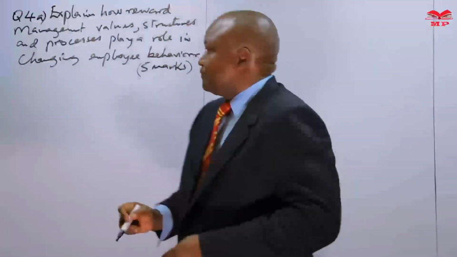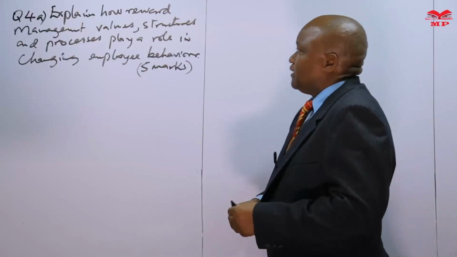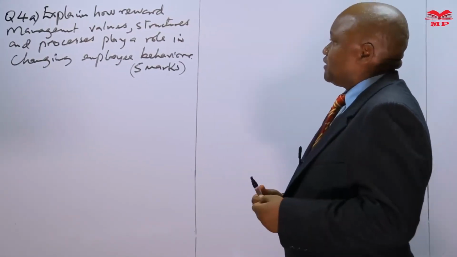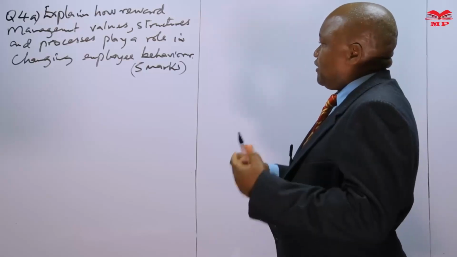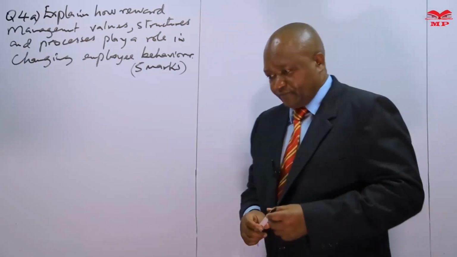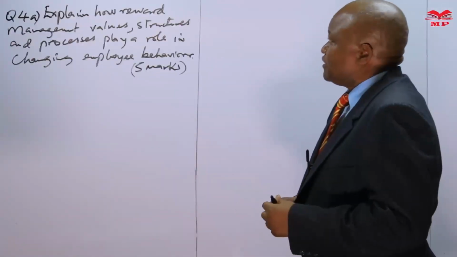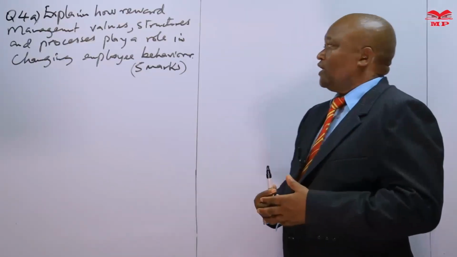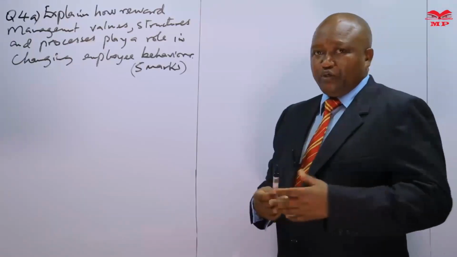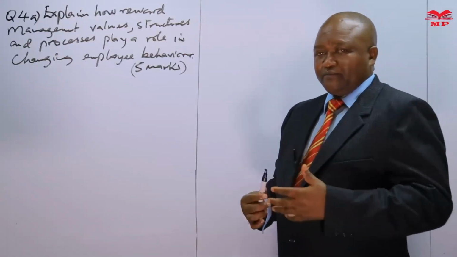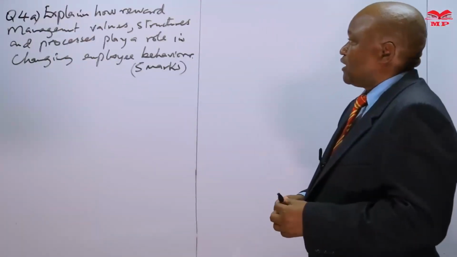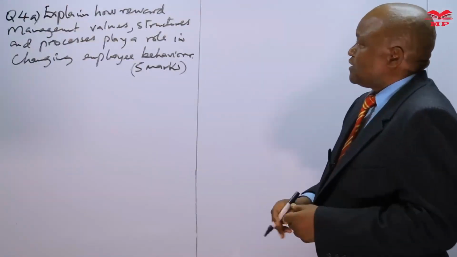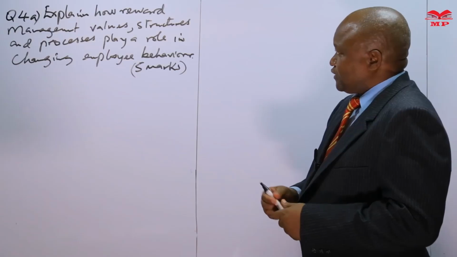Looking at this question, the examiner wants the candidate to explain how reward management values, structures, and processes play a role in changing employee behavior. What we note is that reward management is a process of giving employees compensation for their input within an organization. So what could be some of these roles?